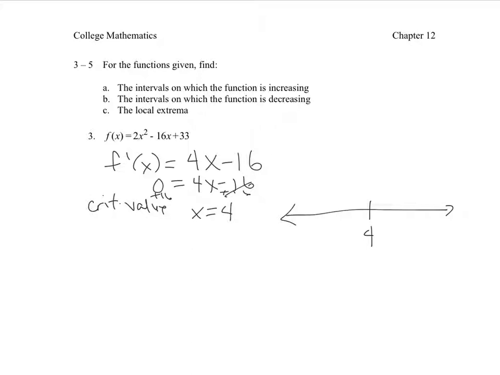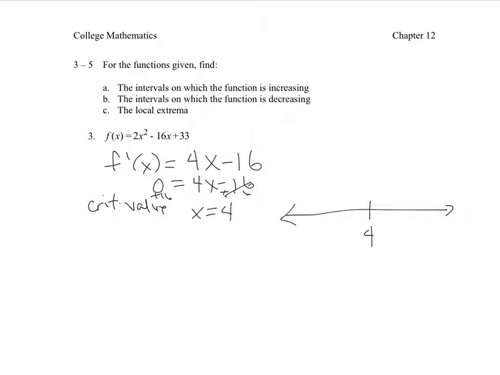If the slopes are negative to the left of this, it would tell me that my graph is decreasing. So I need to look at this derivative, the 4x minus 16, and let's pick some number to the left of 4 to use as a test point. So think of some number that's smaller than 4.